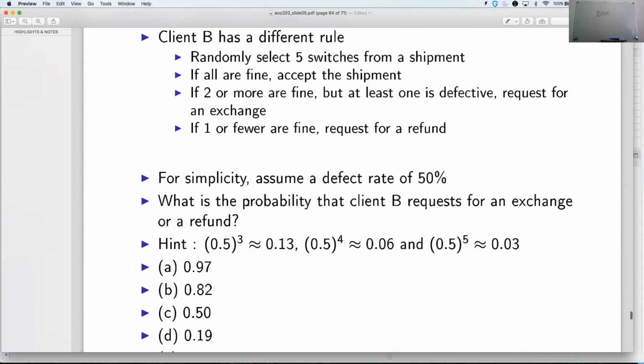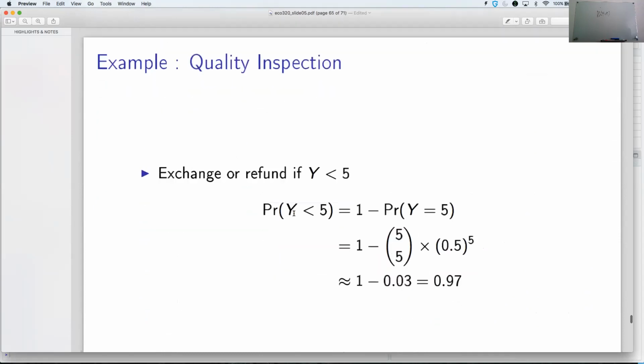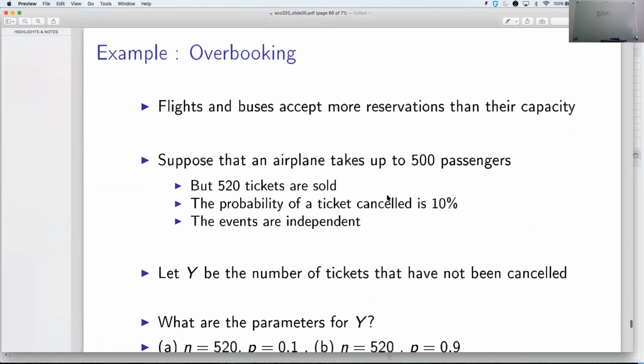You have to read the question carefully: a request for an exchange or refund would be this one or this one. In other words, the probability of Y less than 5, which is 1 minus the probability of Y equals 5. This is also equal to the probability of Y equals 0 plus Y equals 1 plus Y equals 2, and so on. You can try in R or by hand whether they are the same.